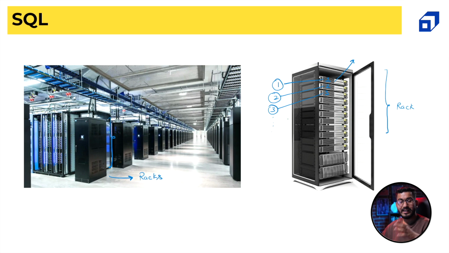These are basically individual computers, and all of them are connected together with these overhead wires, right? When they are connected together, they create a huge network of storage space and processing power. And that is what is known as a server.